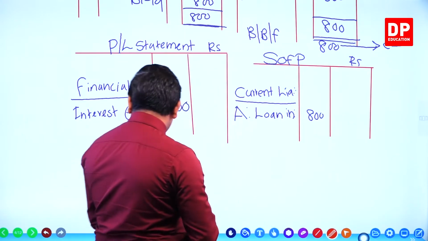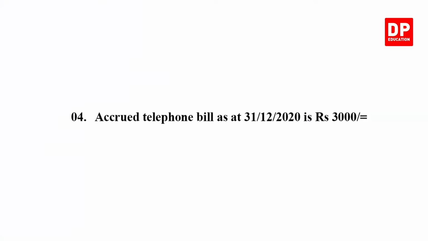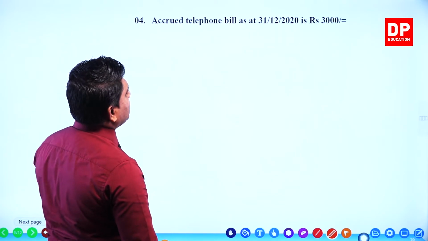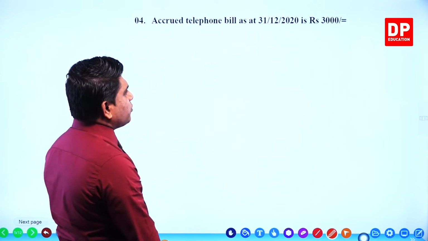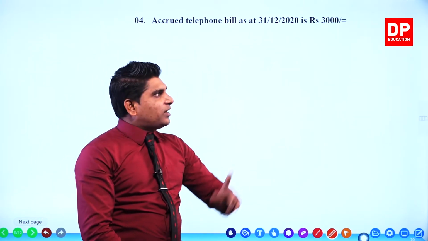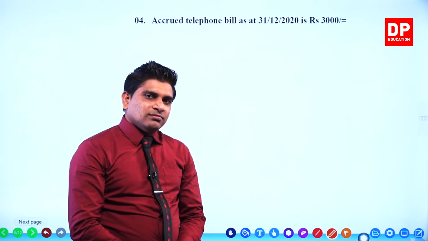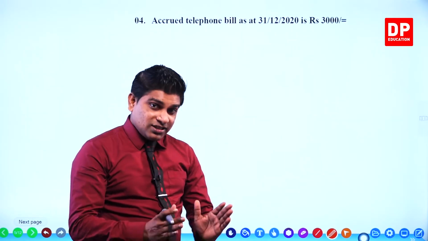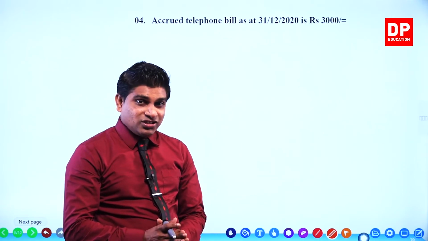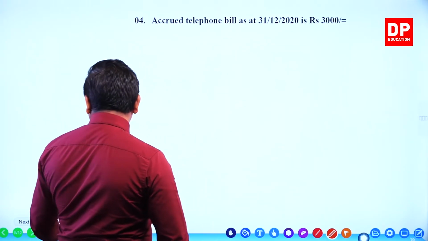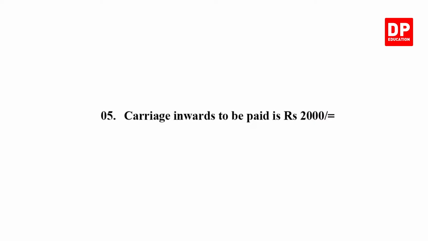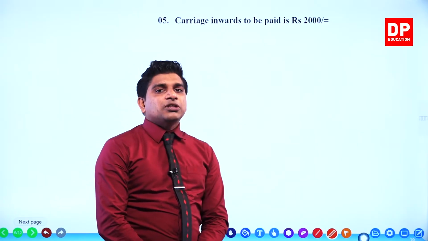Look here: accrued telephone bill as at 31st December 2020, 3,000. You enter this 3,000 in the general journal, ledger accounts and financial statements also. Then the next one, carriage inwards to be paid, 2,000.